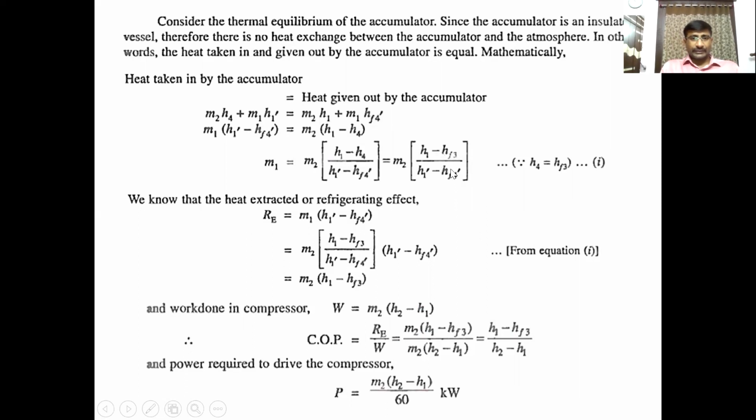And H1- minus Hf4-. This is the M1 value, the amount of refrigerant entering the evaporator or leaving from the evaporator. Let us take equation 1. We know the refrigeration effect is the heat extracted by the evaporator.